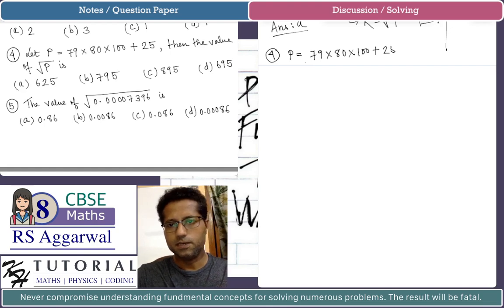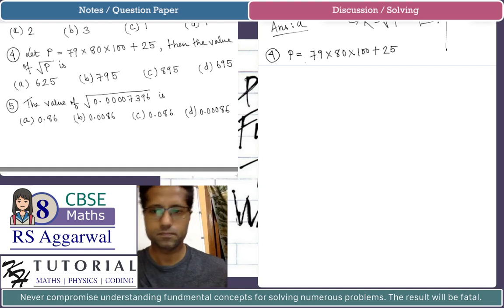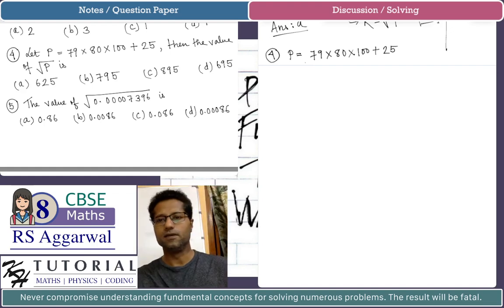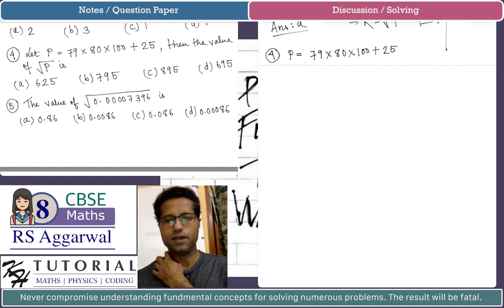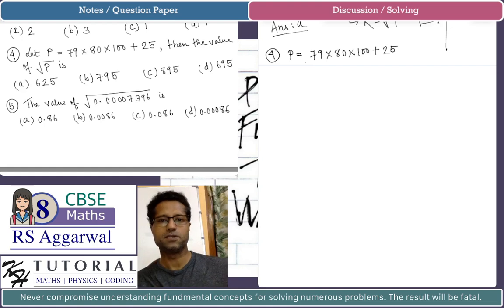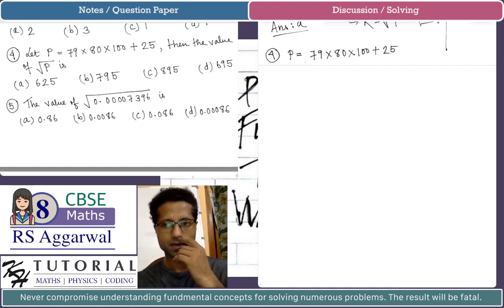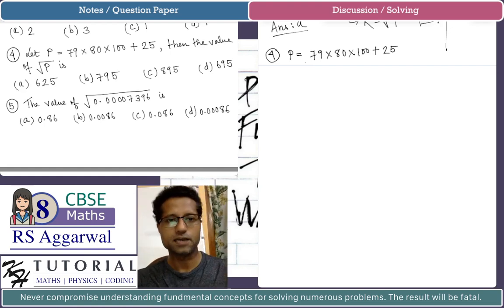Why is it given in this way? Because it is based on a fundamental concept of finding the square of a number which ends in the digit 5, and it is asking to find the value of the square root of P.